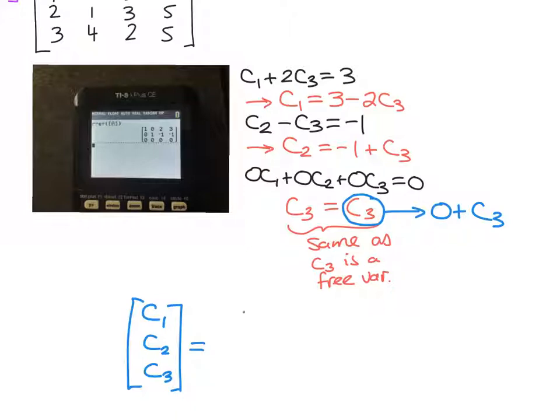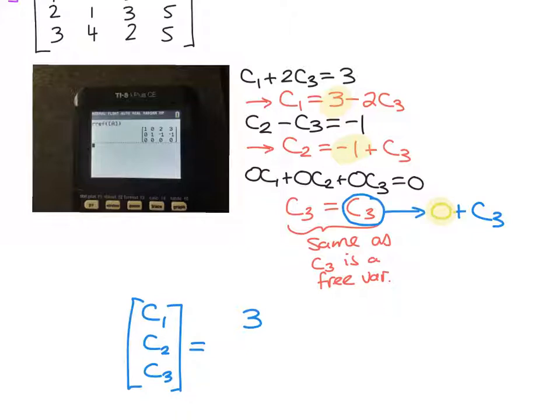So I could write this as 3, and that would address this one right there. You got the -1 for that one, and then the 0.